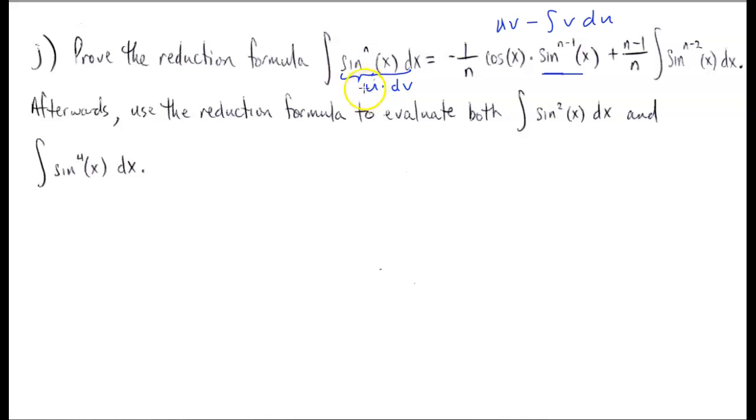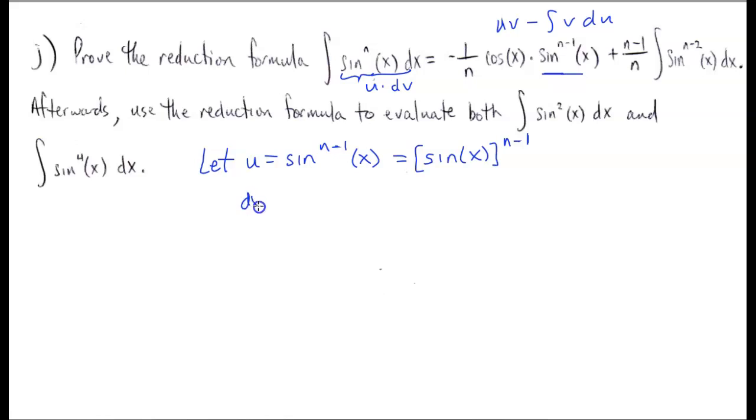Since I have to choose between u and dv, that kind of gives me a hint here to let u equal sine raised to the n minus 1 of x, which is the same as saying sine of x raised to the n minus 1.